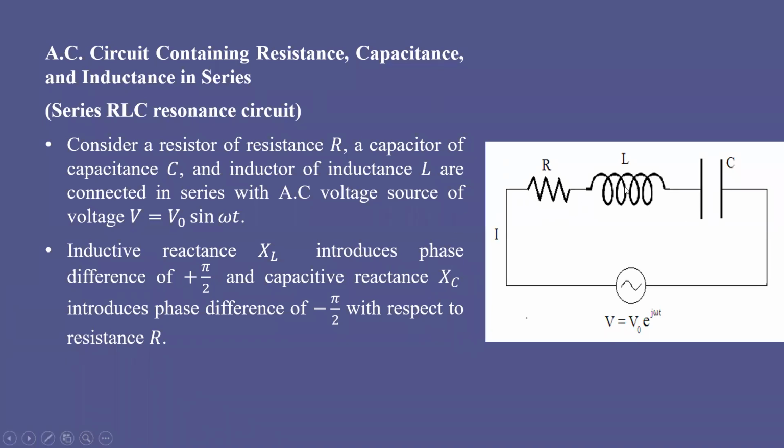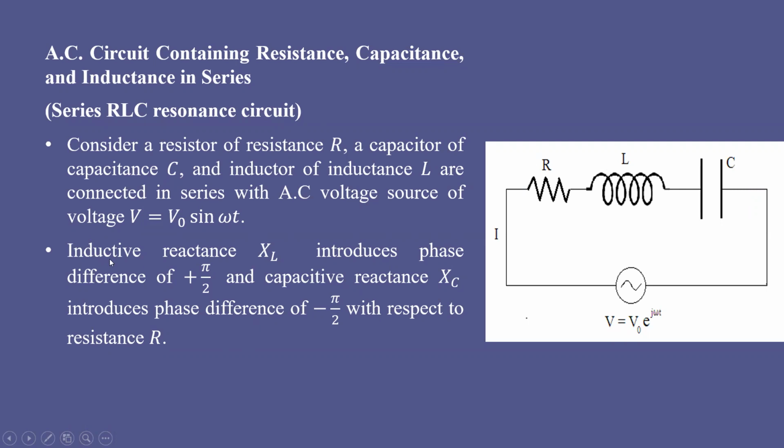What happens? XL introduces plus pi by 2 phase difference. The inductive reactance will lead the resistance by plus pi by 2, whereas the capacitive reactance lags behind the resistance by pi by 2.